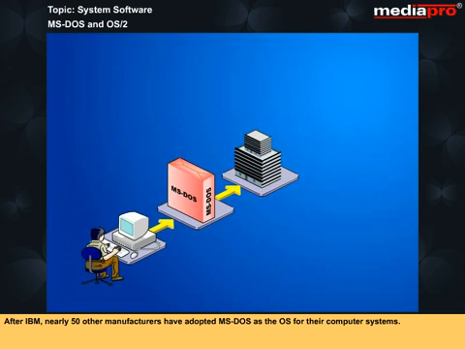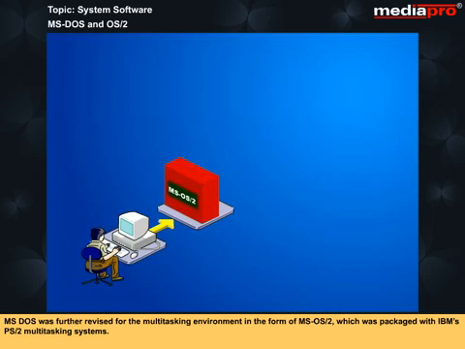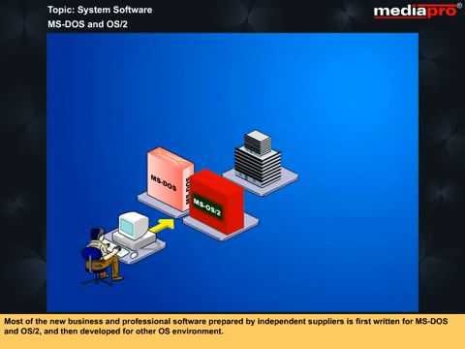After IBM, nearly 50 other manufacturers have adopted MS-DOS as the OS for their computer systems. MS-DOS was further revised for the multitasking environment in the form of MS-OS2, which was packaged with IBM's PS2 multitasking system. Most of the new business and professional software prepared by independent suppliers is first written for MS-DOS and OS2 and then developed for other OS environments.